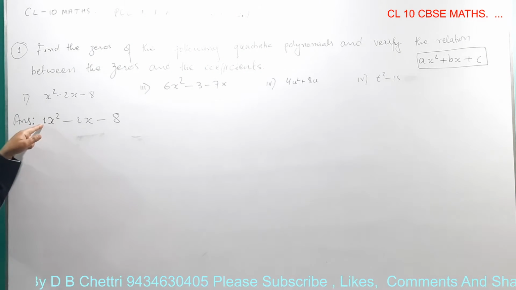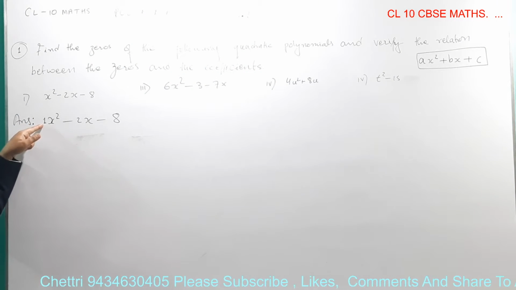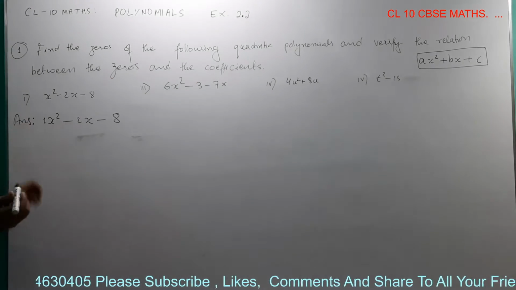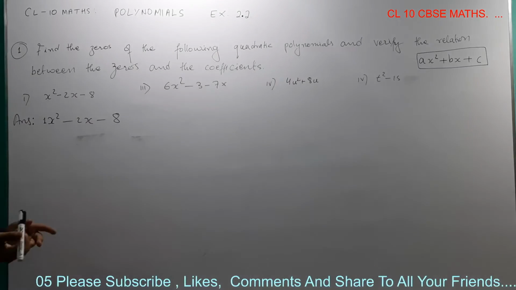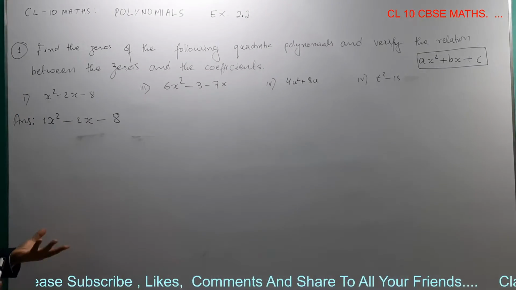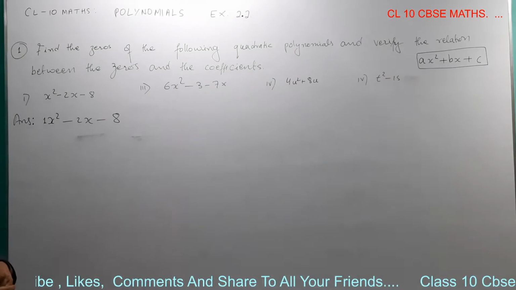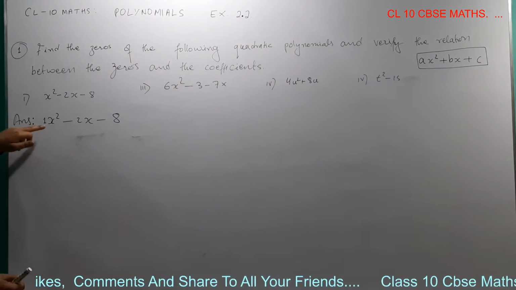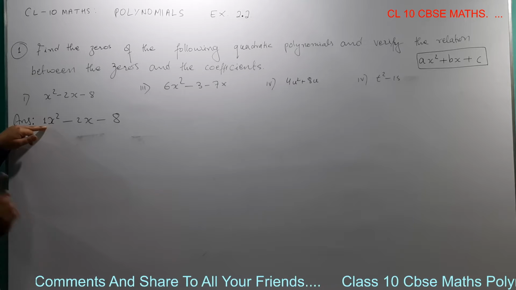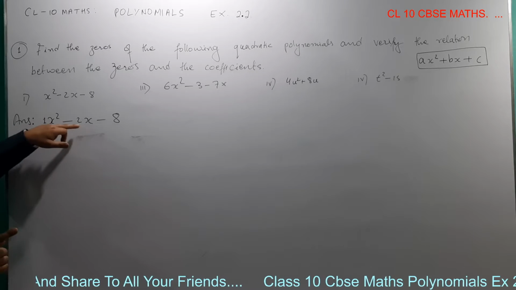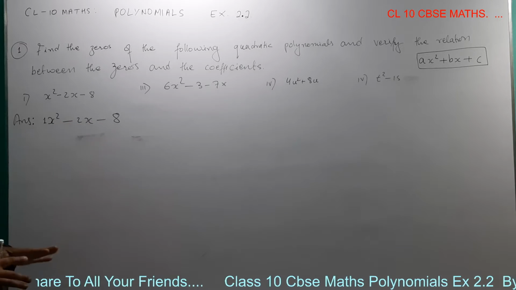If there is no number, that means 1 is always there. 1 is always attached to any object. How many markers? 1 marker. How many whiteboards? 1. So if there is no number, imagine there is a 1. The coefficient of x is 2 and the constant term is 8.